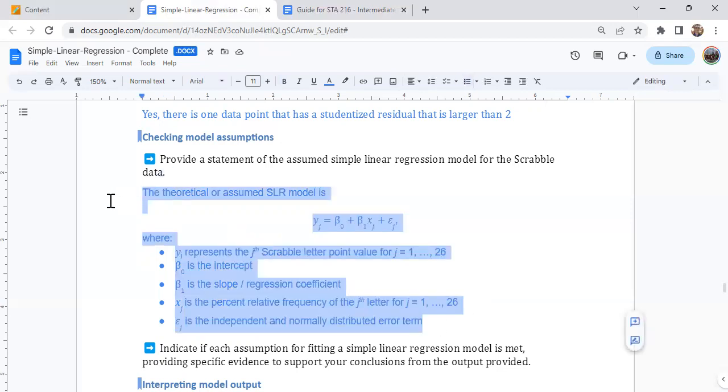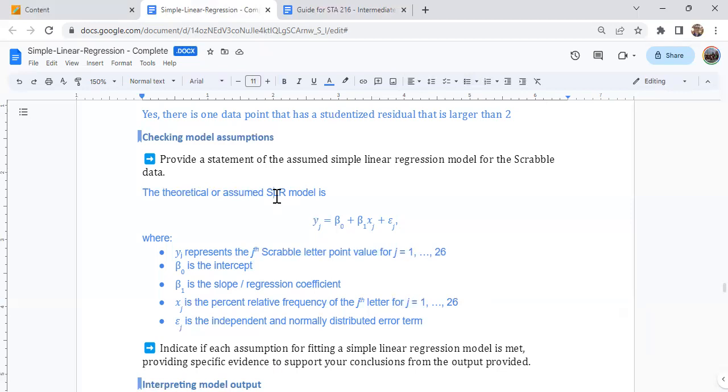So yeah, you don't have to change too much actually. Just copying that model statement from the guide document and tweaking those couple things.